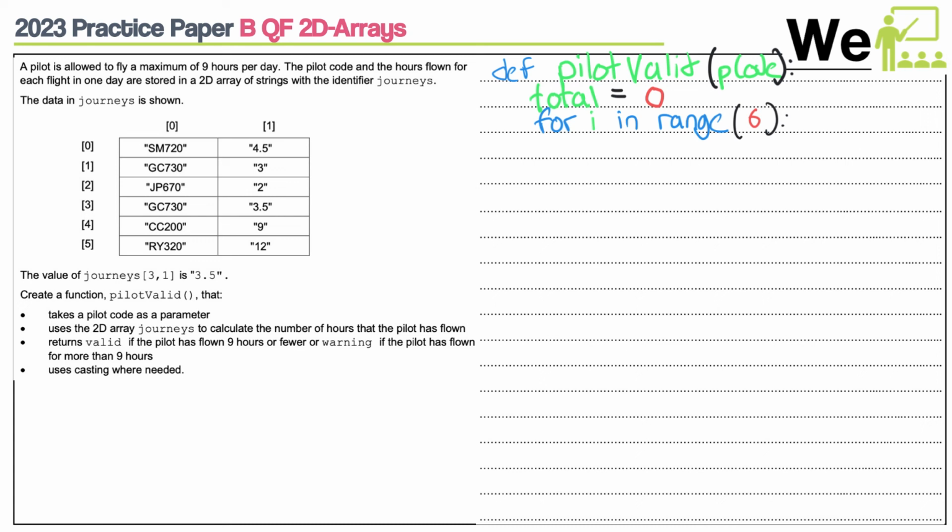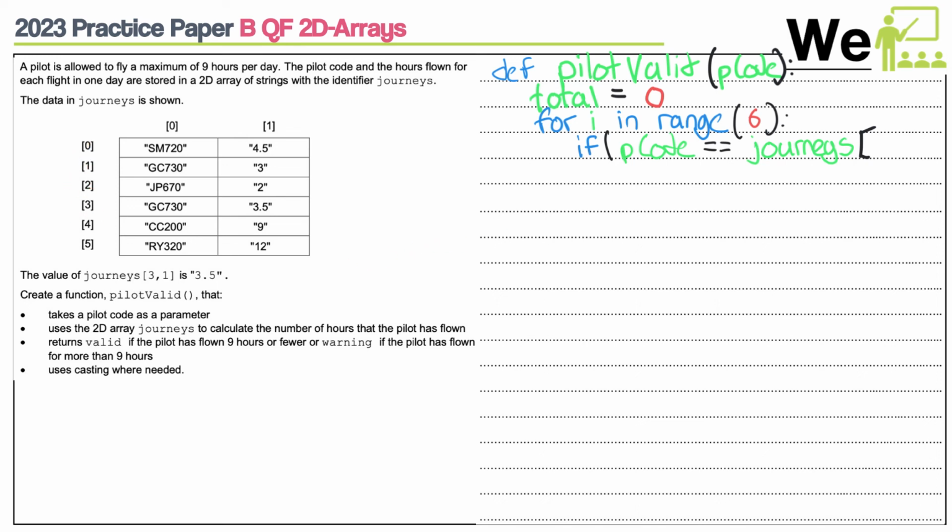And then what am I checking for? I'm going through it, checking for matches. So I'm going to say if, to allow me to check for that match. What am I checking for? I'm checking if p code, so the code you've been provided as a parameter, is equal to, and we need to access the array. The name of the array is journey. And then we need to make sure in the square brackets we're doing it the right way around. The first value, you see here, is the row. So 0, 1, 2, 3.